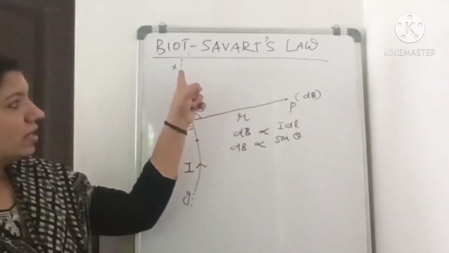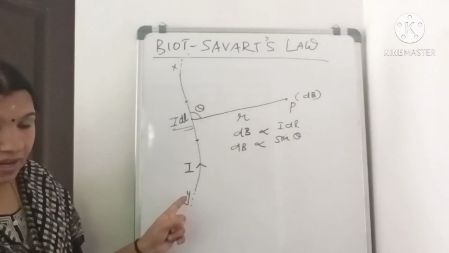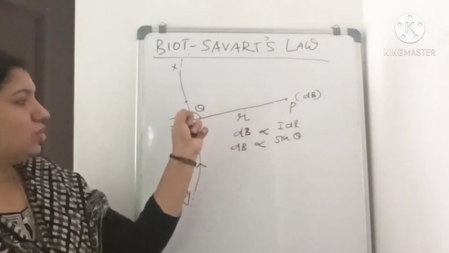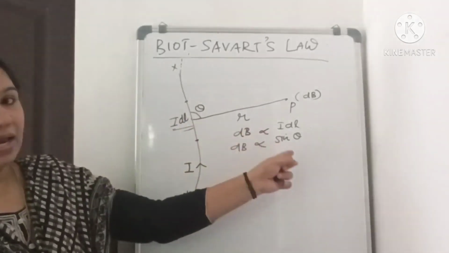Theta is the angle between the straight current carrying conductor and the line joining the point P to the element. Understand? So it is sine theta.